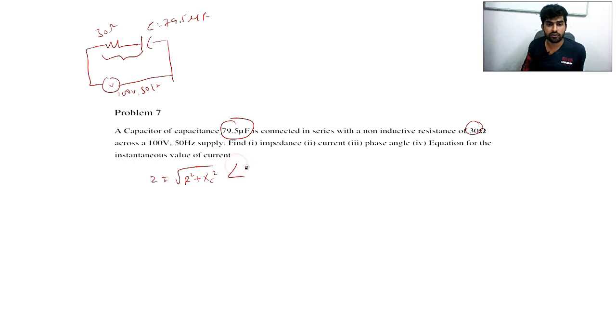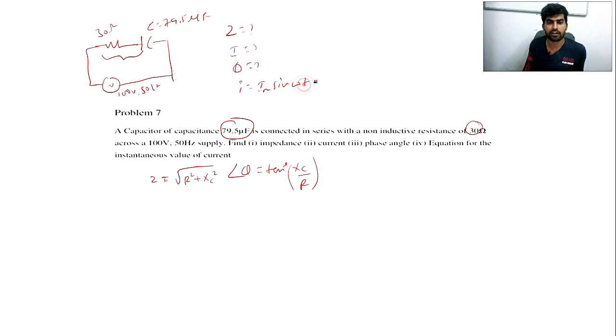And then if you want to calculate phi, phi is equal to tan inverse of XC by R, leading. So we need to find impedance Z value and then current value and phase angle phi, and then the equation of current I is equal to Im sin(omega t plus phi), because this is an RC circuit. If it is L, definitely you have to take minus, right?